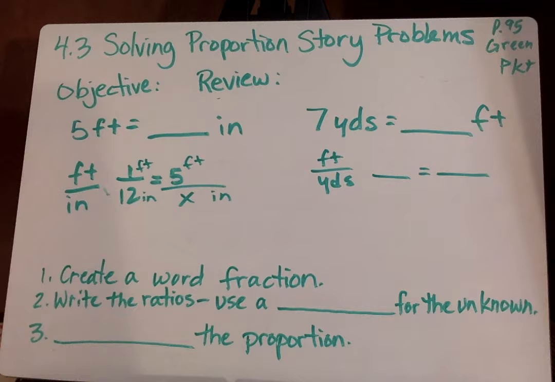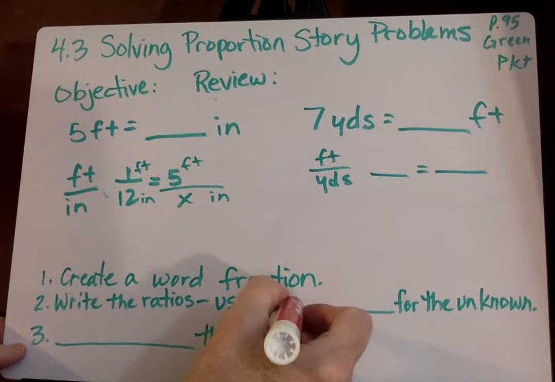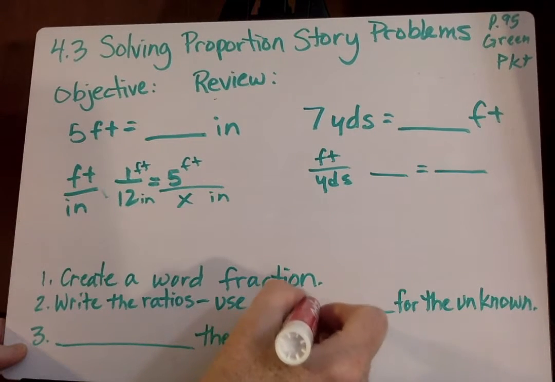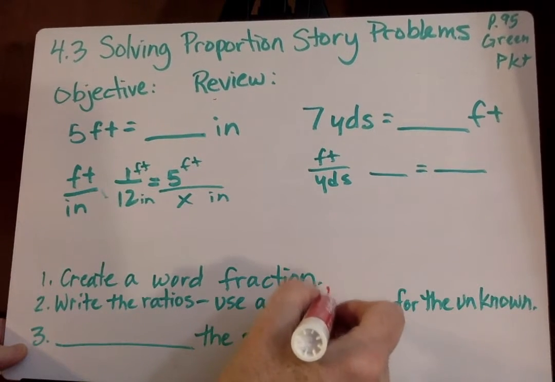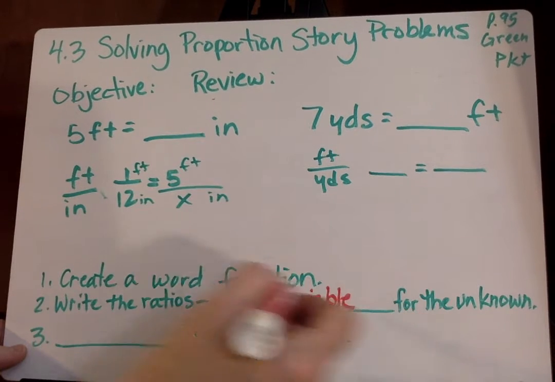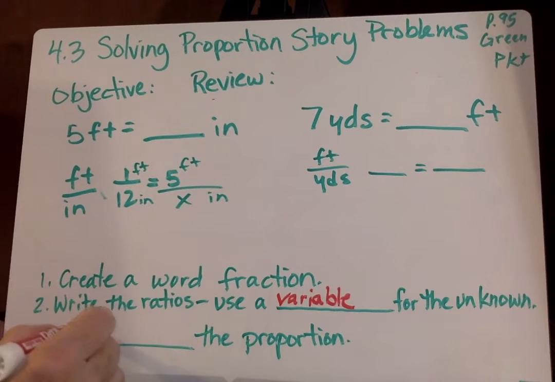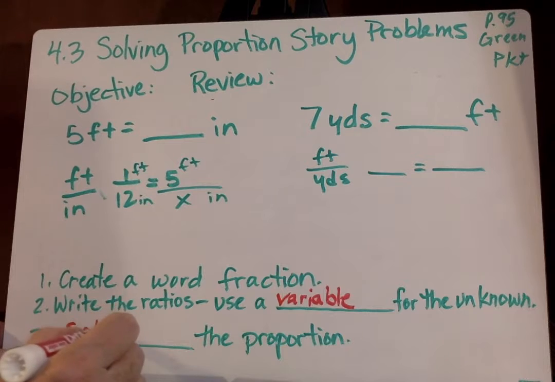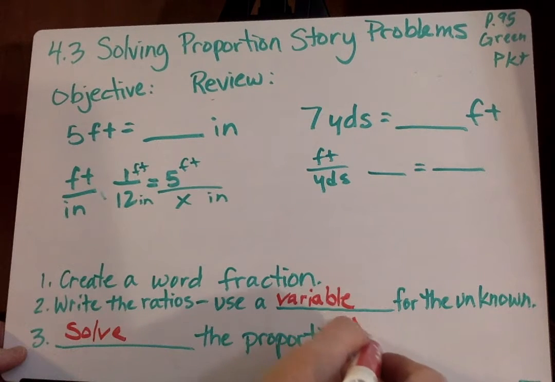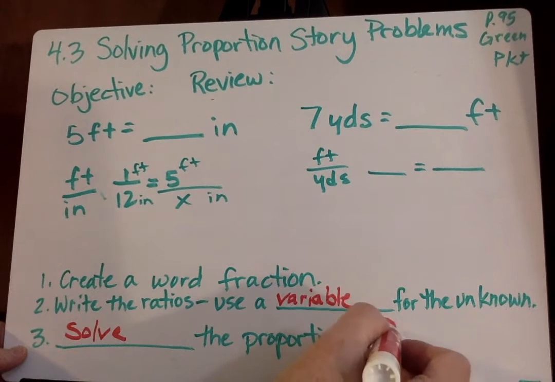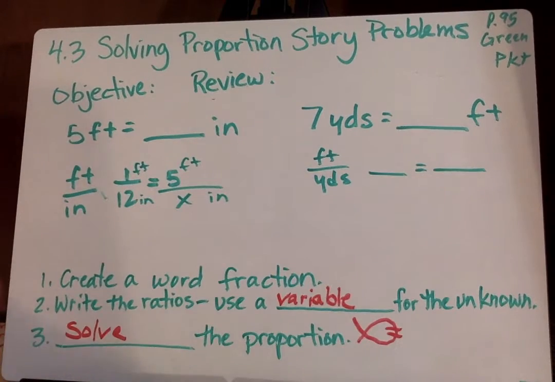And the variable is your letter. So we use a variable for the unknown. And then number 3, solve the proportion or do the fish. Follow the line of the fish, equal sign in the fish's mouth, okay?